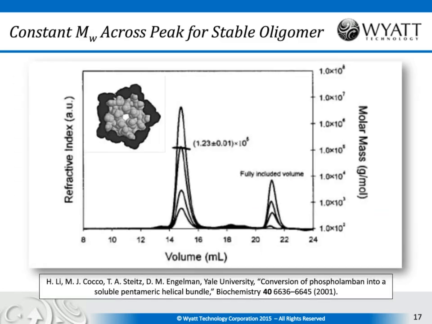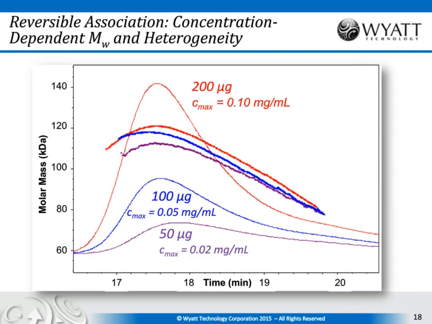Sometimes you have tightly bound oligomers, and so as they go through the dilution and shear of the column, regardless of the concentration that you inject, you'll get the same molecular weights, and that's indicated here. So this was a stable oligomer, but sometimes the oligomers are in a relatively loose dynamic equilibrium with the monomers.